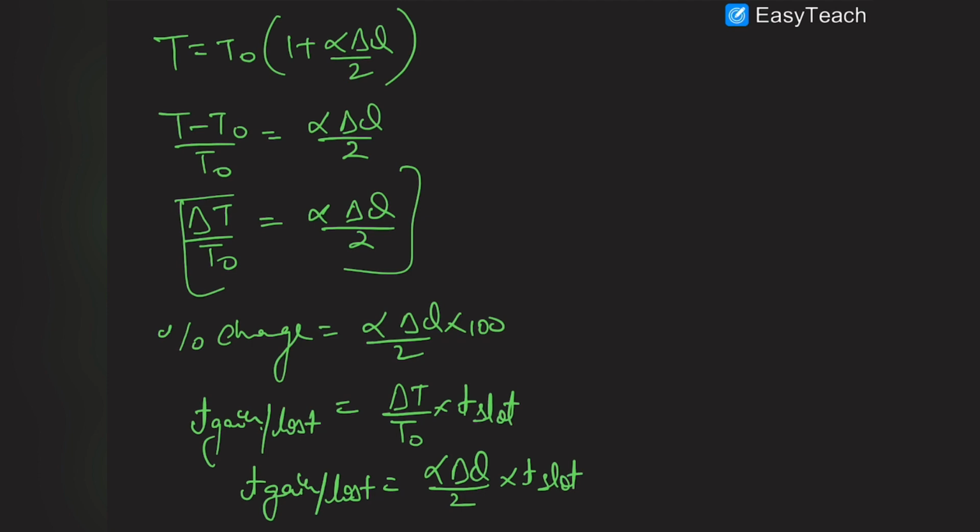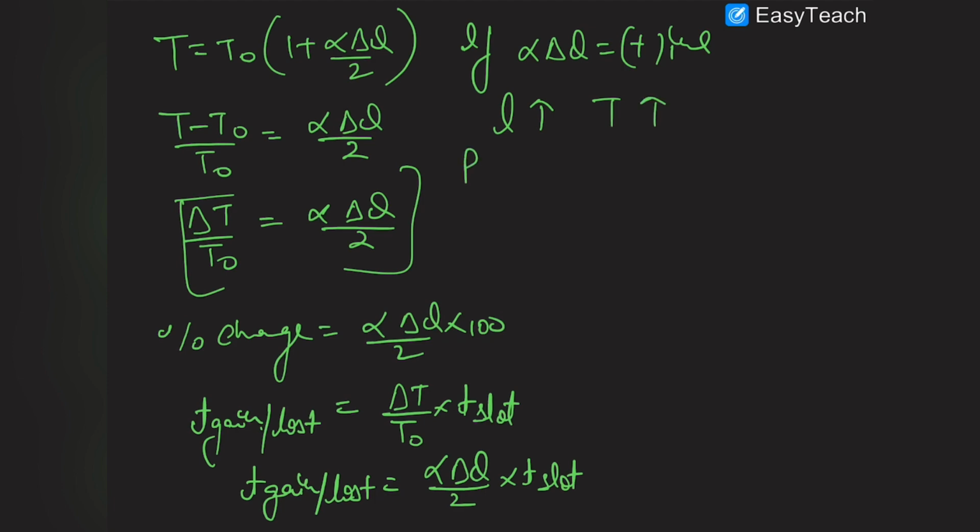Now what is time gain and time lost? If this expression αΔθ is positive, which happens when the signs of α and Δθ are the same, then the length has increased, and the time period of the pendulum has increased.